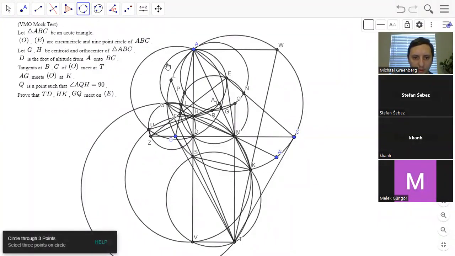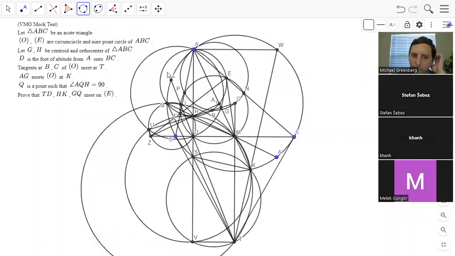Okay. Since U inverts to some point on the Euler line, Z inverts to A1, the Humpty point, and D inverts to A. So A1 and G, let's say G is the inversion, not the centroid.